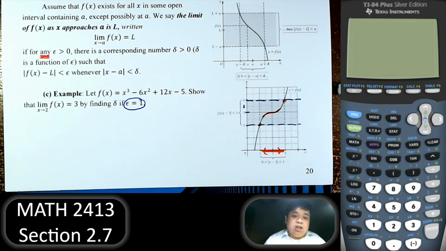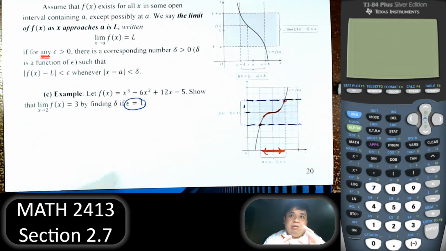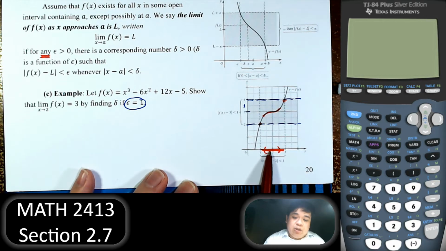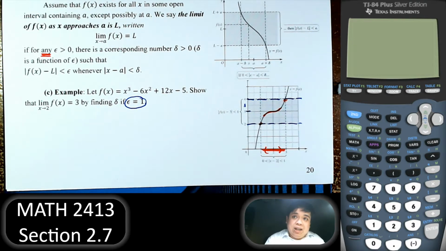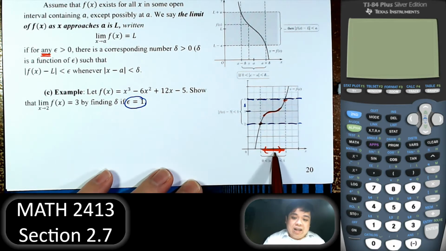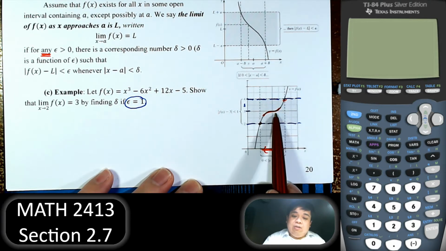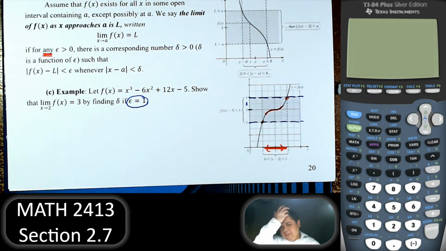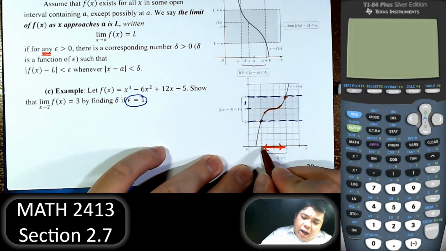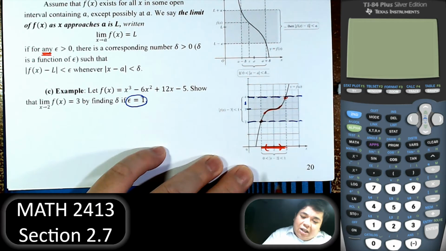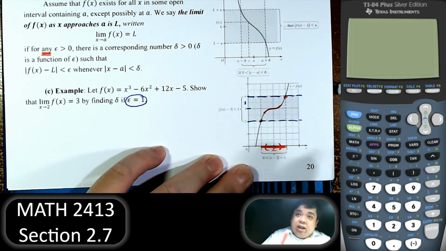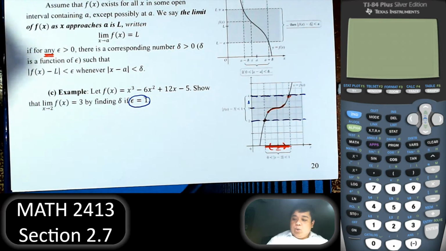If we want to get smaller on the y interval, we can get smaller in the x interval. No matter how small you make the distance from the function to L, we can always find the x values that are close enough to a to make it happen. When x is close enough to a, the y values will be in that interval. That's what I mean. So in this case, x can be in that interval around 2. Going according to the graph, it will be 1 to the left and 1 to the right. So we can choose delta to be 1 or even smaller than that.